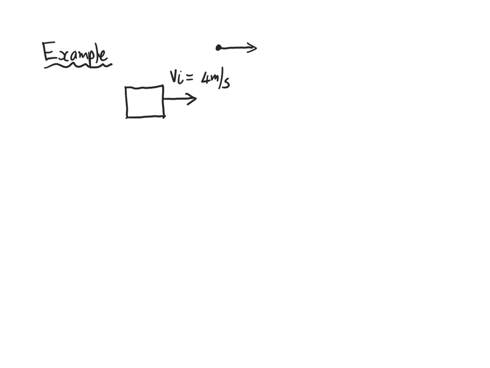In this example, we are going to practice that which we've covered thus far in the video. So we are going to consider an object that is already traveling at an initial velocity of 4 meters per second in, let's say, an easterly direction.